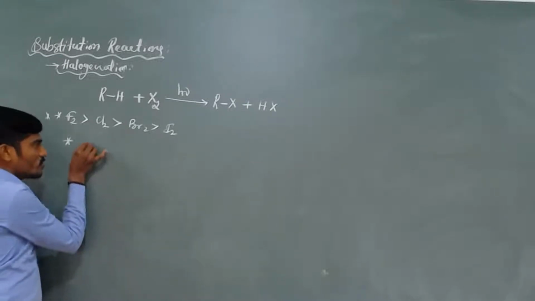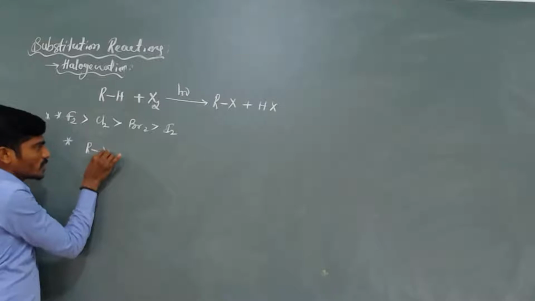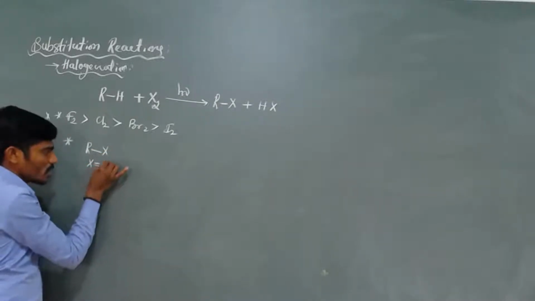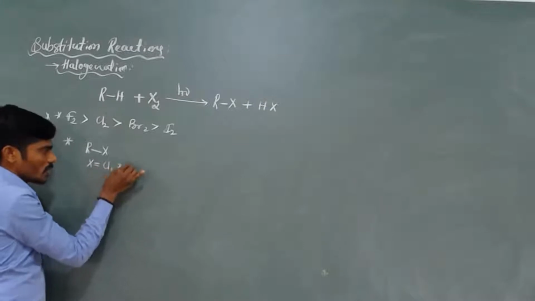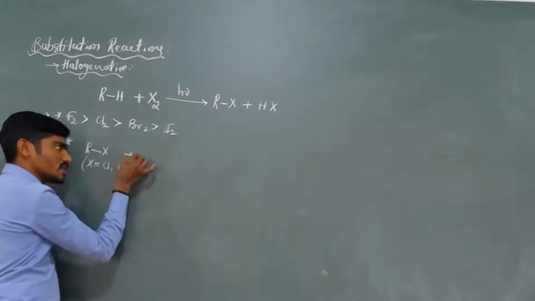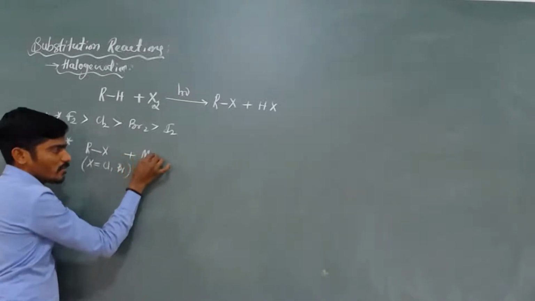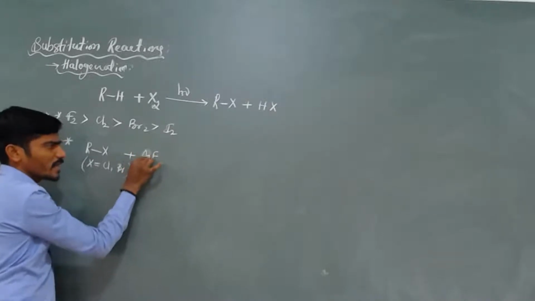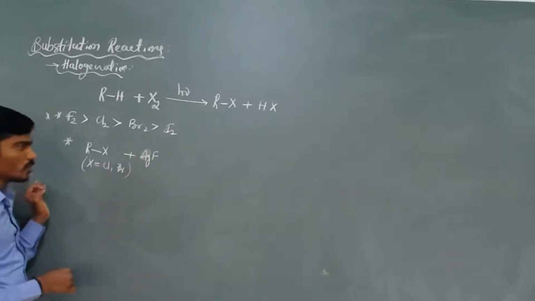Here, first we take an RX compound, that is haloalkanes, where X may be either chlorine or bromine, chloride or bromide. This is treated with a metal fluoride, MF. Let us take one example, silver fluoride, AgF.